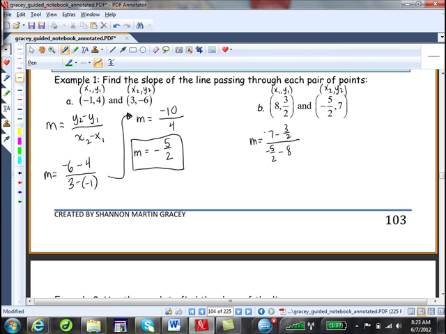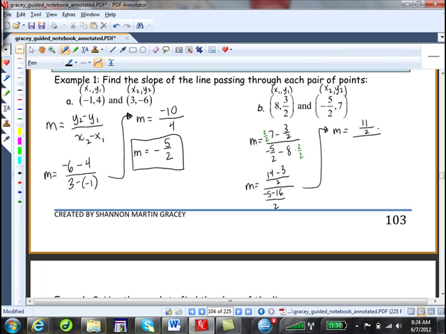So negative 5 halves minus 8 is our denominator. So here, if we adjust the fraction as so, we will get m equals 14 minus 3 all over 2. And then we'll have, let's see, negative 5 minus 16 all over 2. Which will give us, let's see, 14 minus 3 is 11 over 2.